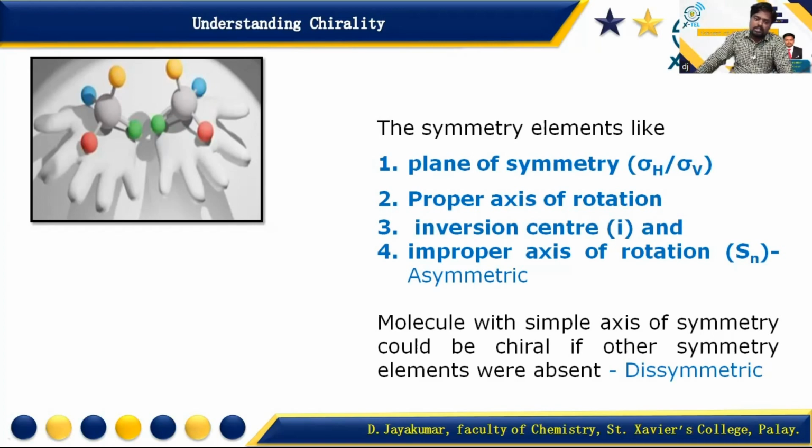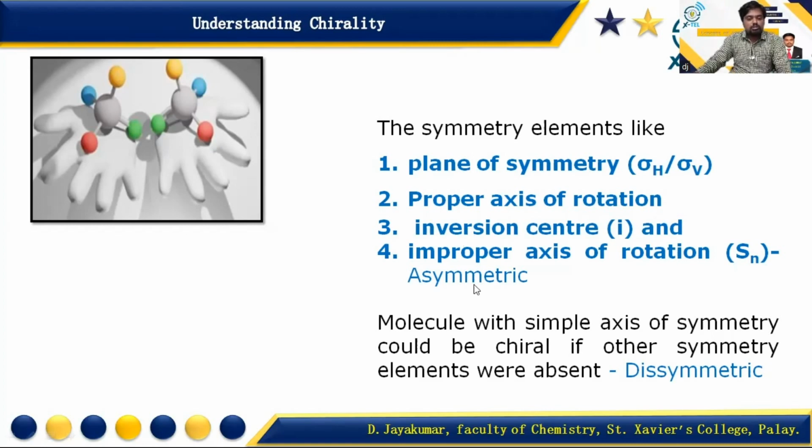However, there are certain carbons which, of the given 4 symmetry elements, may only possess a simple axis of rotation, while the rest of the other 3, namely plane, inversion center, and improper axis, may be absent. Only in such cases, they are said to be dissymmetric carbon atoms. Fine.